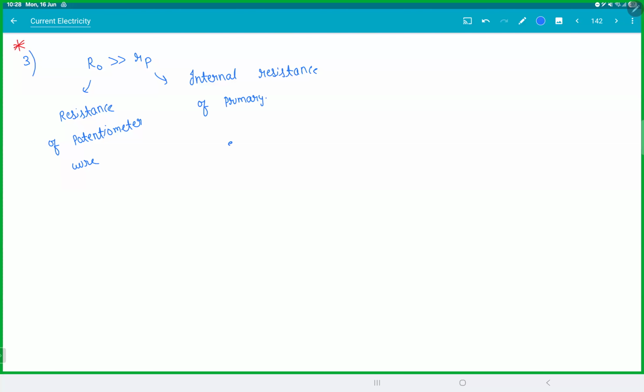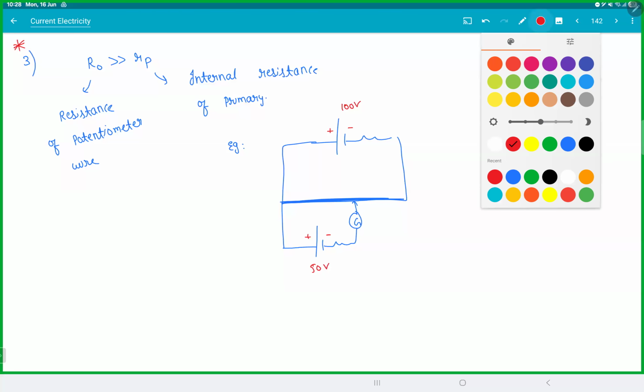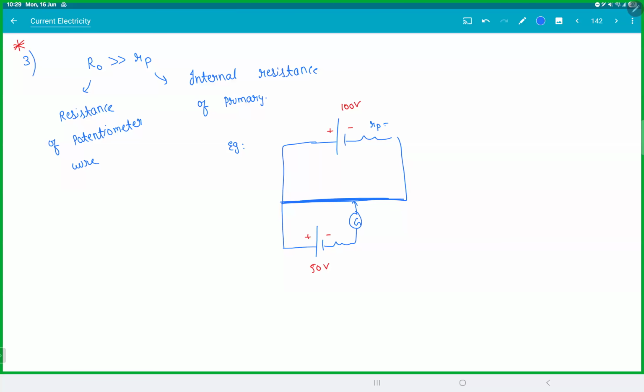Again, let's see with an example. There, I kept them in the same polarity. Let's say this is 100 volt. This is 50 volt. There, E primary is greater than EX, satisfied. Same polarity, satisfied. Let's say for convenience, RP is 20 ohms. And let's say your R naught is also 20 ohms.